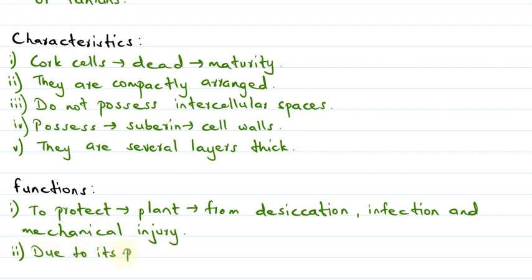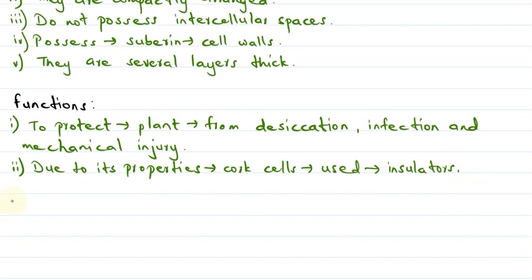Then the next function is, due to the properties of cork cells, the cork cells are used as insulators. They can also be used as shock absorbers and in sports goods.